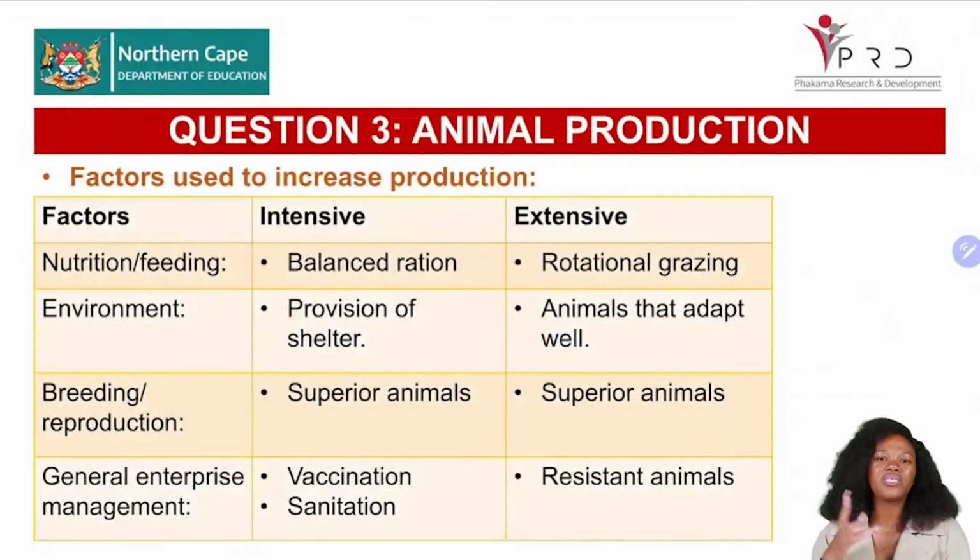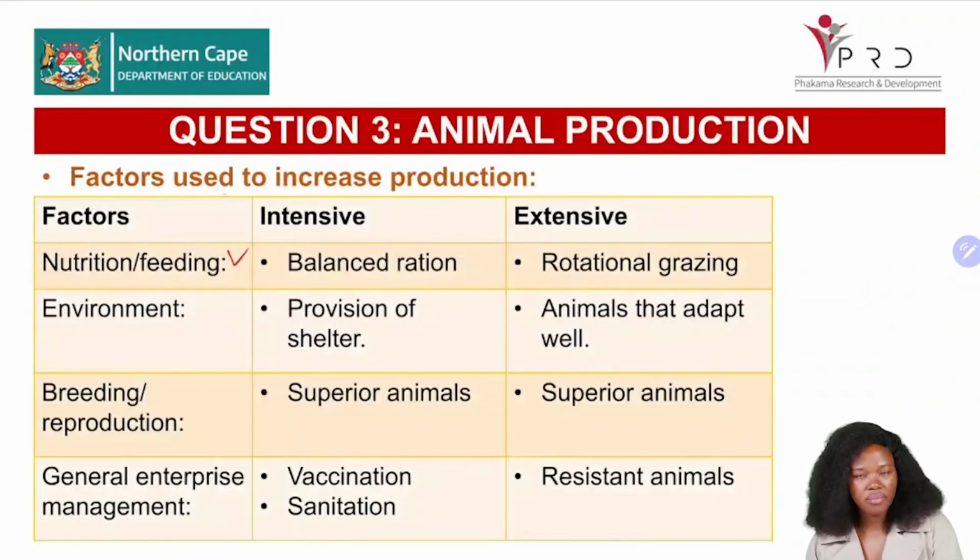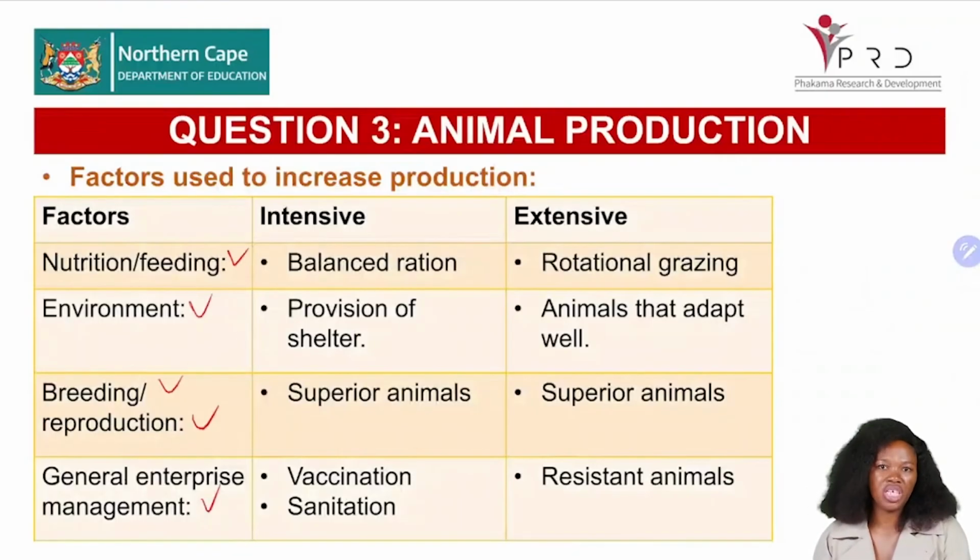Now, there are various factors that are used to improve or increase or optimize production under intensive and under extensive production system. Now, these factors we can name nutrition, we can name environment, we can name breeding or reproduction, or general enterprise management.